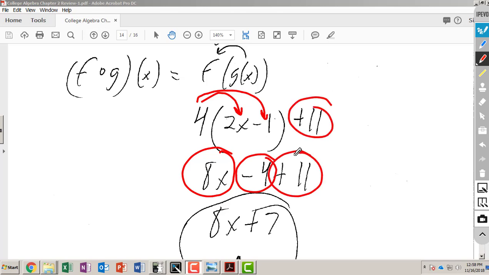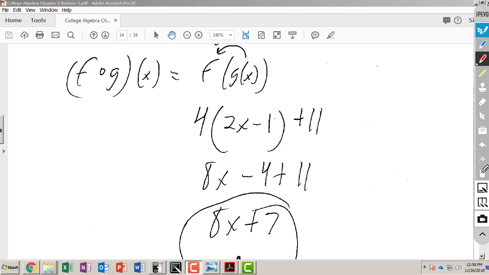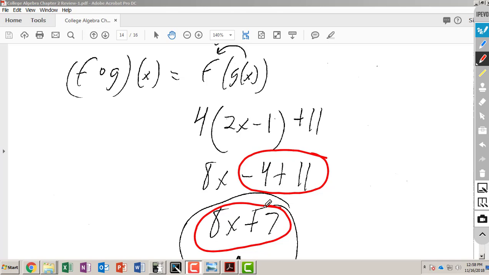Simplifying that down, combining my like terms, negative 4 plus 11 gives me 8x plus 7. So that'll be the answer for your composite, 8x plus 7, which looks like it's answer D.